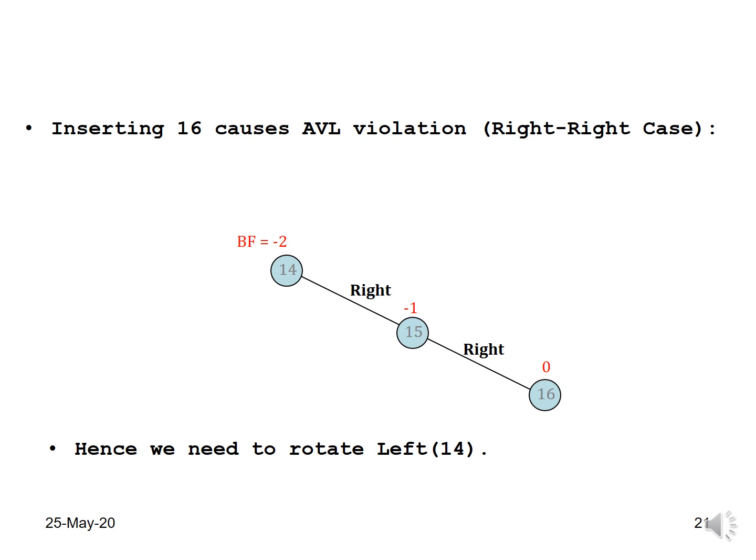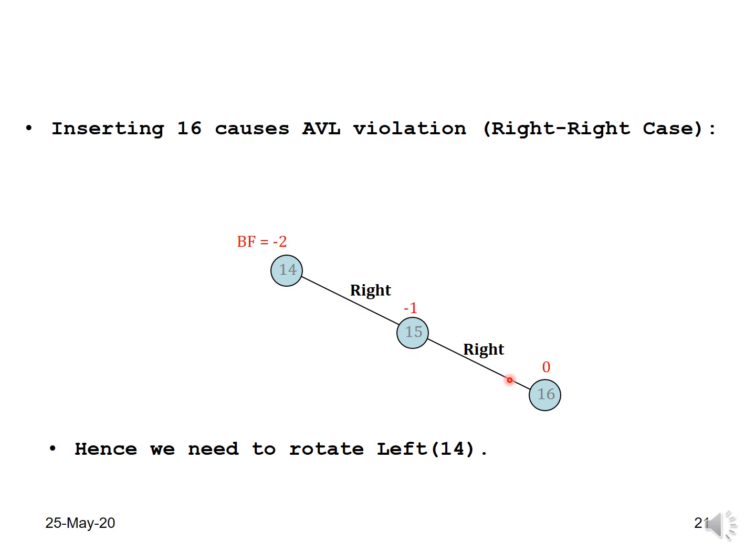Now inserting this 16 causes an AVL violation. This is the right case. As we can see here, the balance factor of this 14 is disturbed. This is -2, that's why this is not an AVL tree. The inserted node 16 is in the right subtree, which is also the right subtree of this 14.